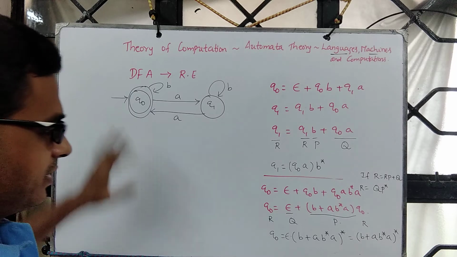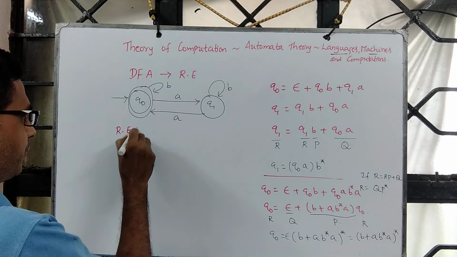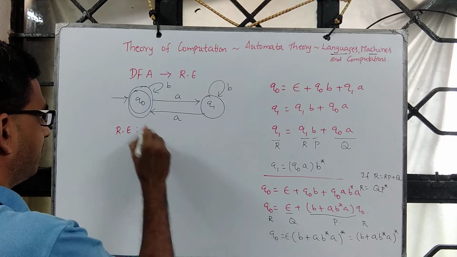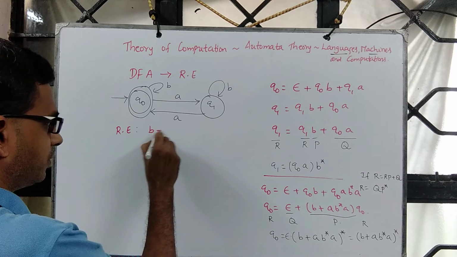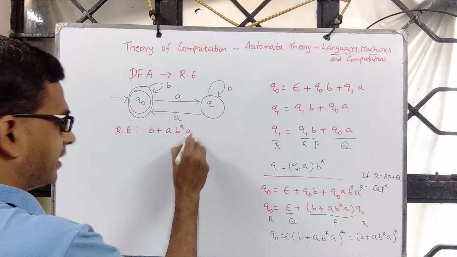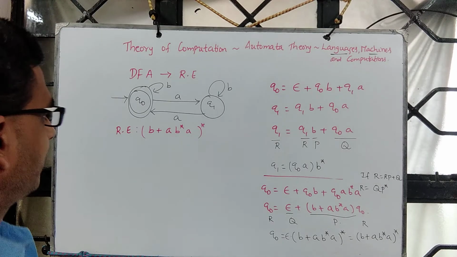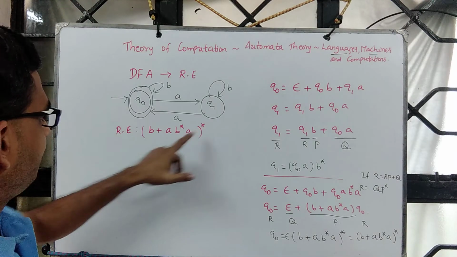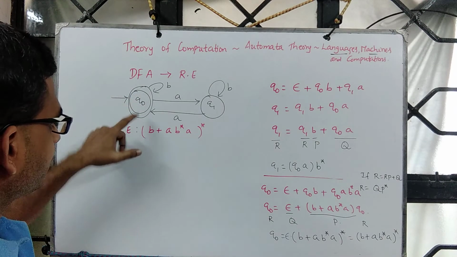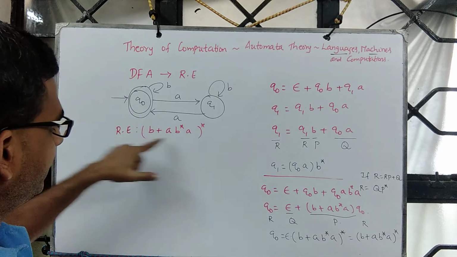Now let's look at this. So the regular expression corresponding to this is precisely this. Because Q naught is the accept state. So B plus AB star A whole star. If this takes 0, then it accepts epsilon. If you take the first component, then it accepts so many B's.